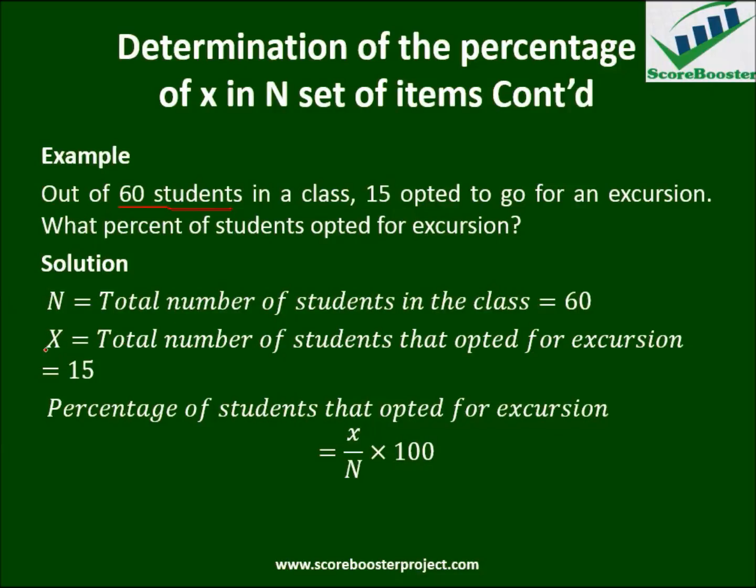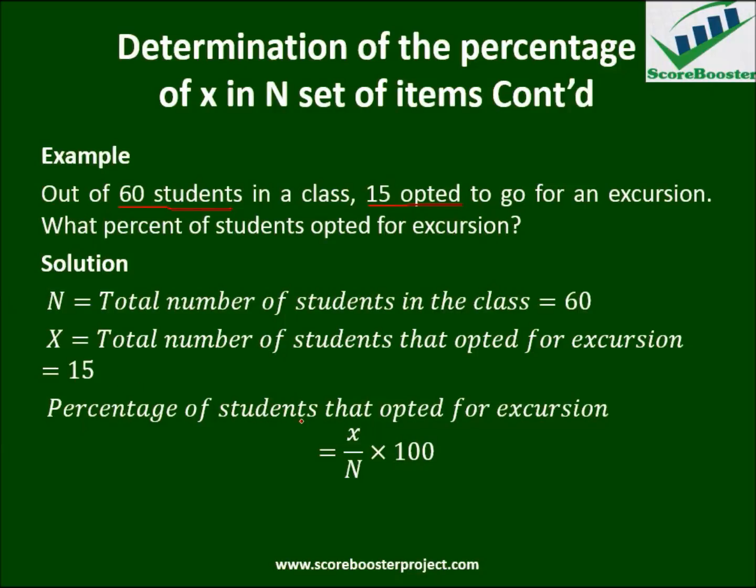Let's also take x to be the number of students that opted for the excursion, and as given in the question, 15 students opted, so x equals 15.